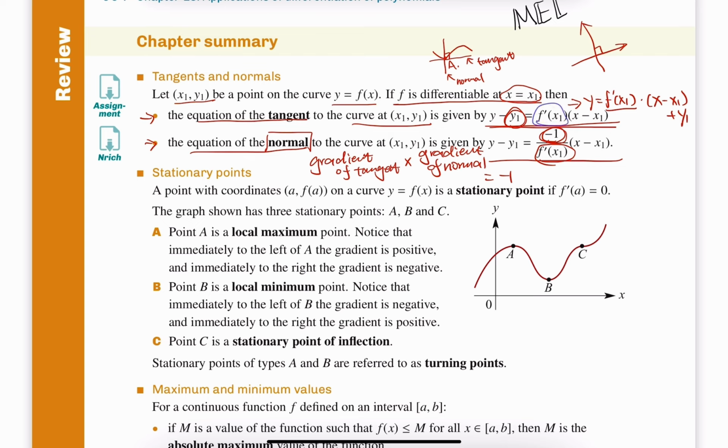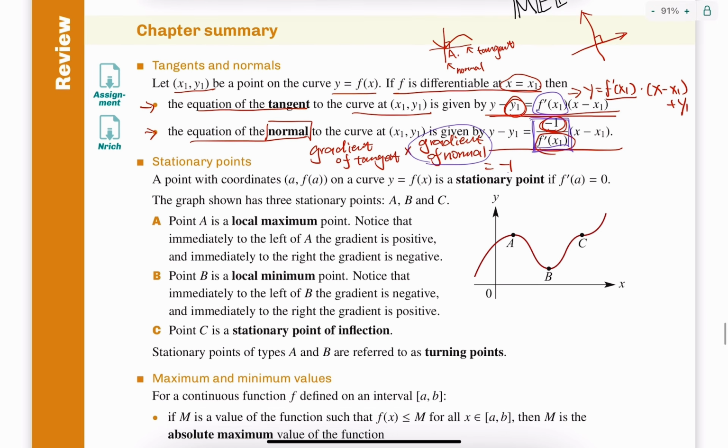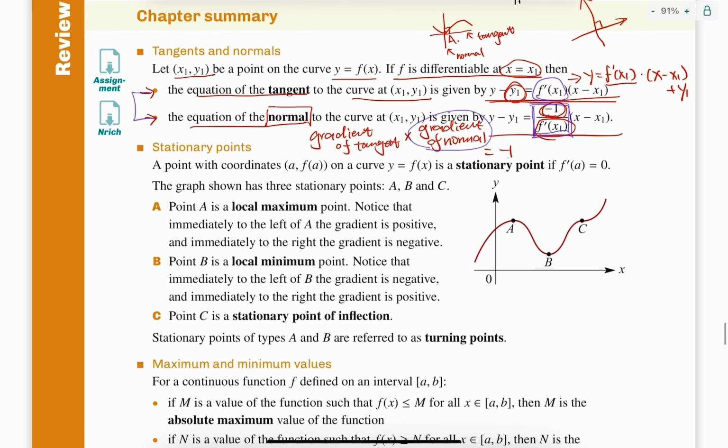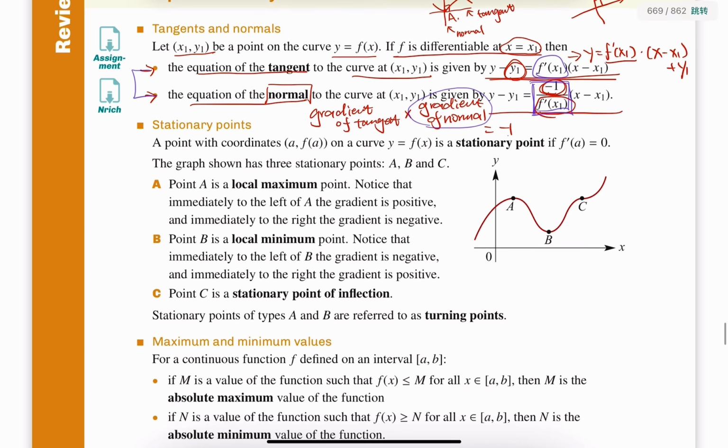Because the derivative of a function represents the gradient of the function at that point, the normal gradient is just -1 divided by the gradient of the tangent, which gives us this one over here. Okay, so that's the basic equations for the tangent and normal at a point on the function if it's differentiable.